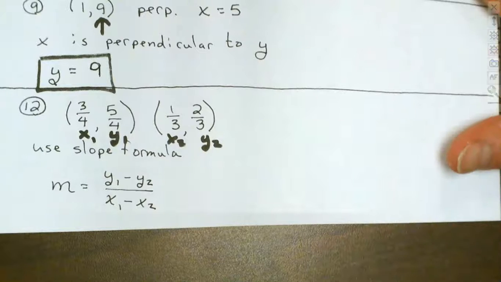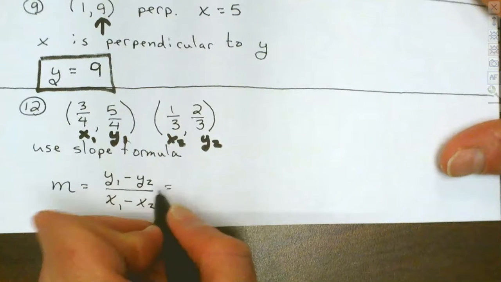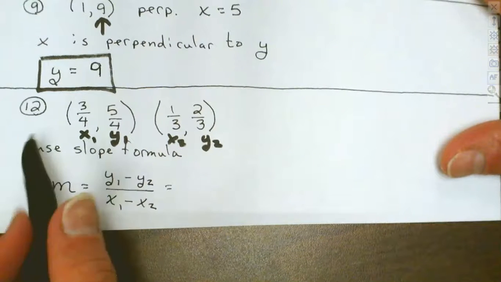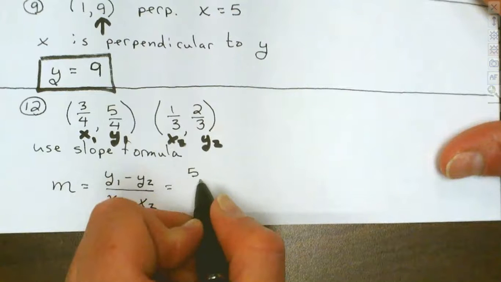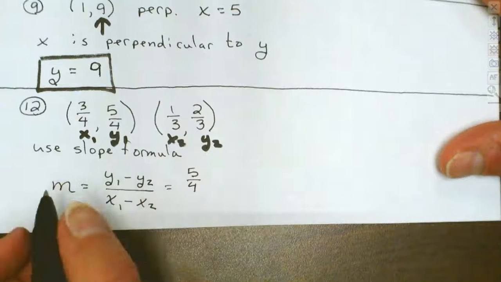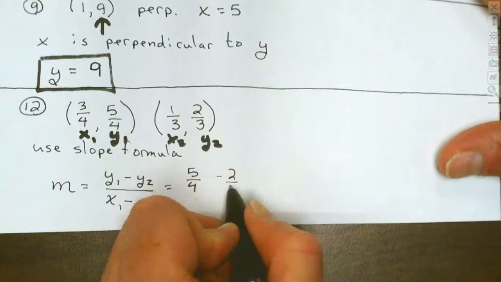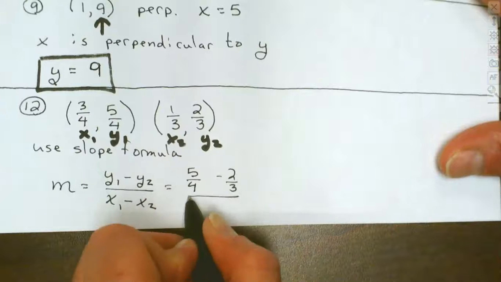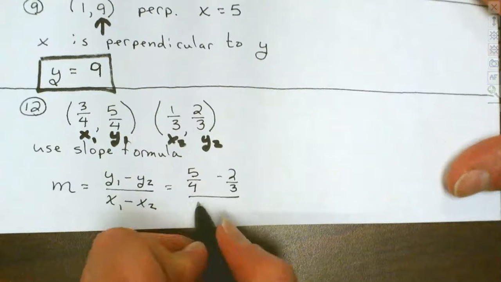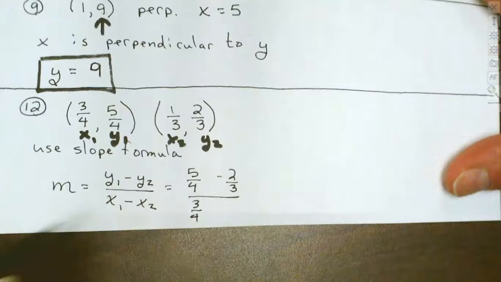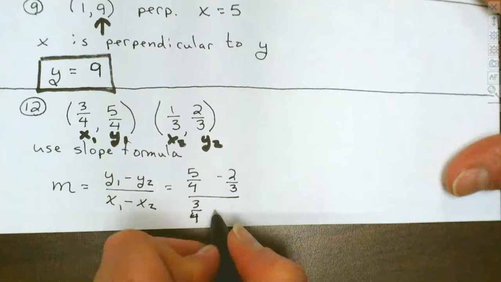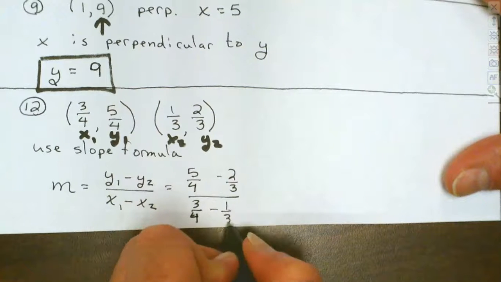So let's go ahead now and plug in our values. And we've got, for our y's, we've got 5/4 minus 2/3 over 3/4 minus 1/3.